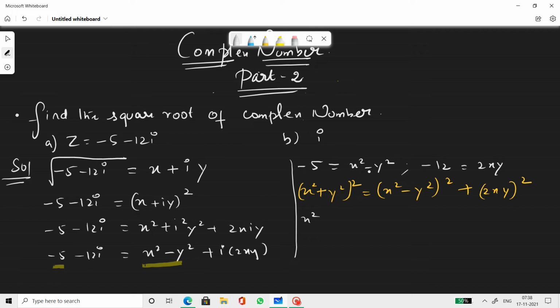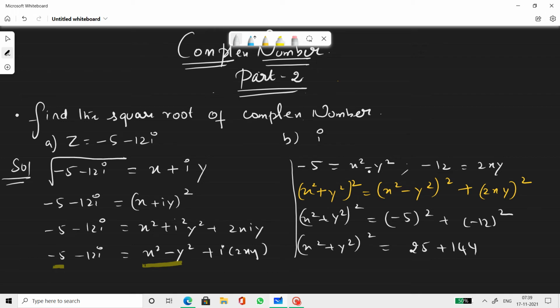So x square plus y square the whole square equals minus 5 square plus minus 12 the whole square. Since we already know what x square minus y square is and 2xy is, I'm simply applying those values. So x square plus y square the whole square equals 25 plus 144.